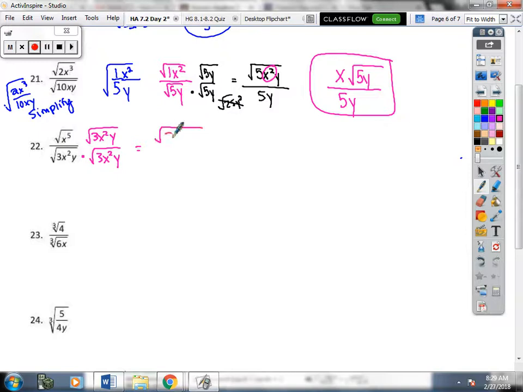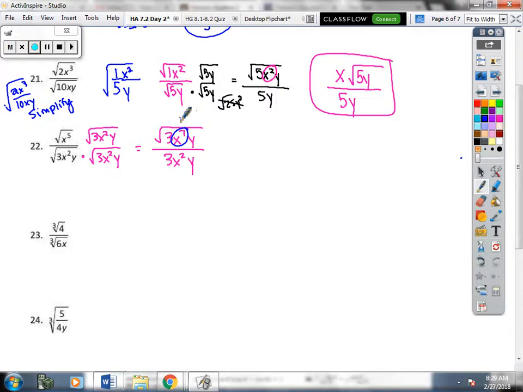We'll get 3x to the 7th y. In the denominator, we're going to get 9x to the 4th y squared, which comes back down to be 3x squared y. What can I simplify further? Sam? X to the 7th.